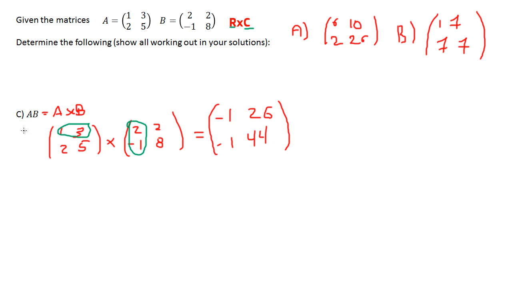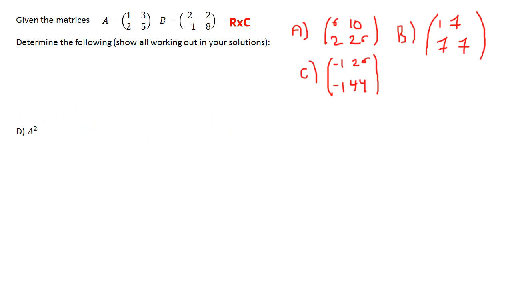And that is our answer to C. Now let's add it to the answers at the top. So C is minus 1, 26, minus 1, 44, and this is the answer to part C.